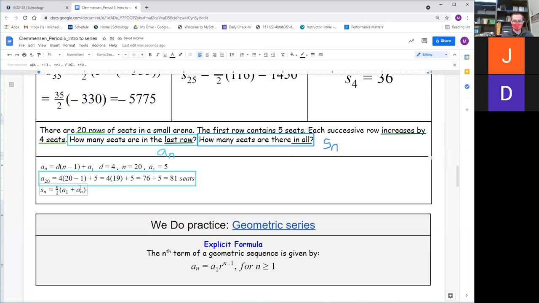Now what's nice is that we've already found a lot of that information. I know that our n in this case is 20 over 2. Let me erase this box real quick so that I have some more room. It's not cutting me off so much. There we go.